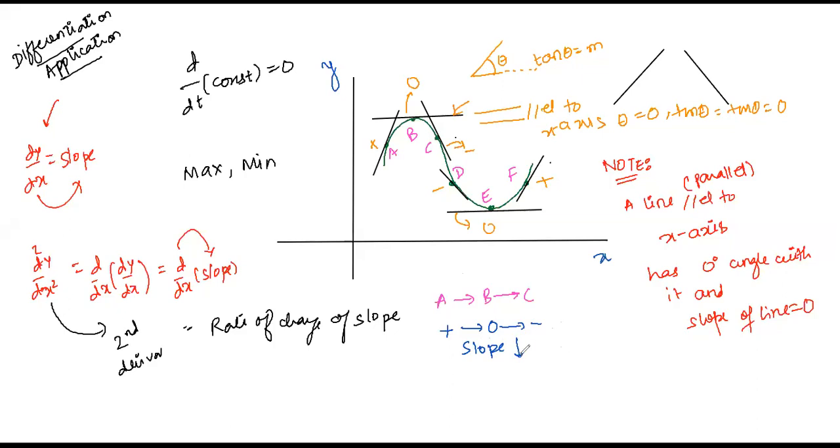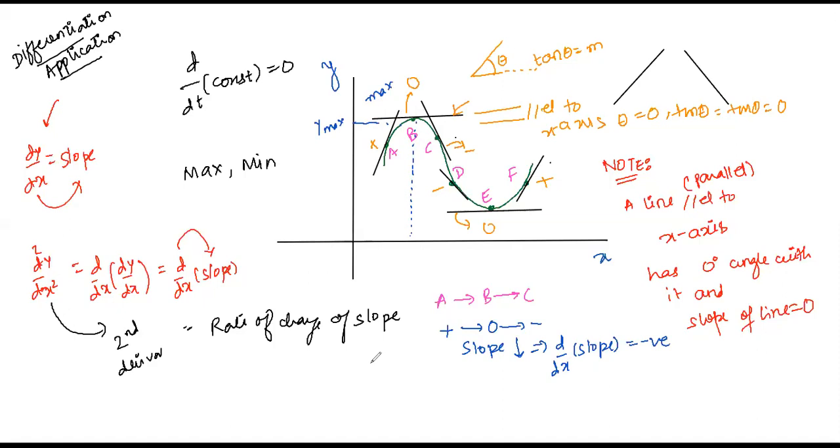What does this imply? It implies that the rate of change of slope with respect to x is negative, right? And what is this point called? This point, where y achieves its maximum value locally, is called local maxima, or just maxima.